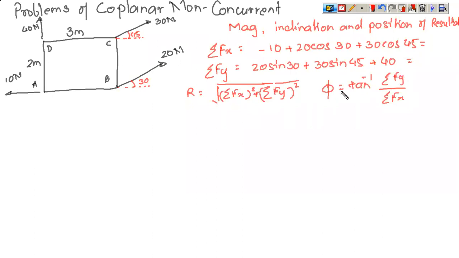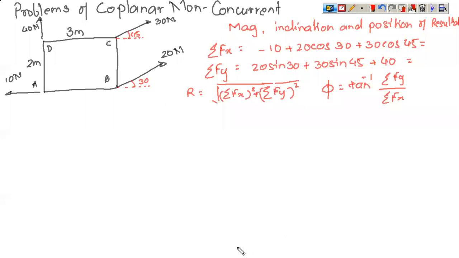So you will find out the magnitude of phi. And the second important thing is, depending upon the signs of Fy and Fx, you can decide in which quadrant this phi will lie. So you have solved two of the equations required for static equilibrium.